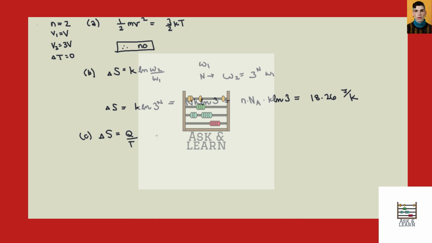Let's take a look at the first law of thermodynamics, which tells us that dU, the change in internal energy of the gas, is equal to dQ, the heat put in, minus dW, the work done by the gas. So again, this dU term is referring to this 1/2 mv squared, the internal energy of the gas, which we've said does not change in an isothermal expansion because delta T is 0.